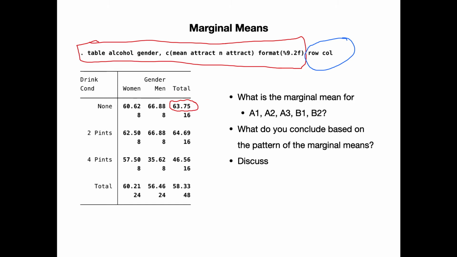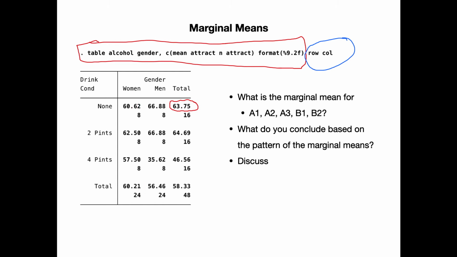Okay, so let's talk about this 63.75 and what that is. That's the average of 60.62 and 66.88, right? So the average of those 2 things is 63.75. So that's the marginal mean. This one right here is the marginal mean for the no drinking condition. The marginal mean for the 2 pints condition is 64.69. Marginal mean for the 4 pints, excuse me, is 46.56.